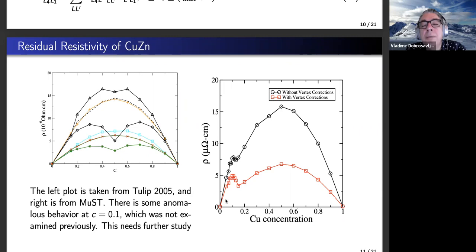So let me ask my question in a slightly different way. If you actually went to a model or a material that would have some sort of bound state forming the entire band, like the Anderson localization, right? Then the question is, here we are showing the vertex correction, and adding the vertex correction gives you a factor of 2 difference.